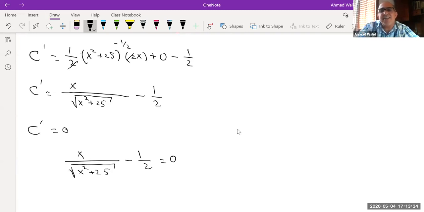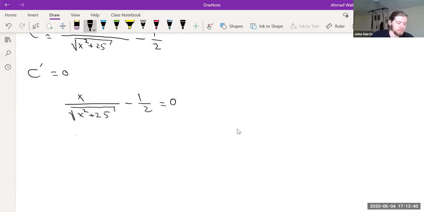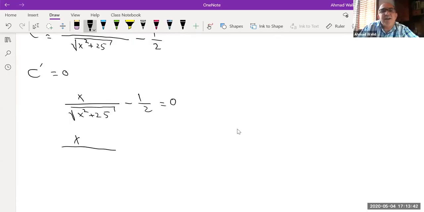Can I move the constant to the right side? The 1/2? Yes. Let's move this one to this side. Then x over square root of x squared plus 25 equals 1/2. What do we call this type of equation?